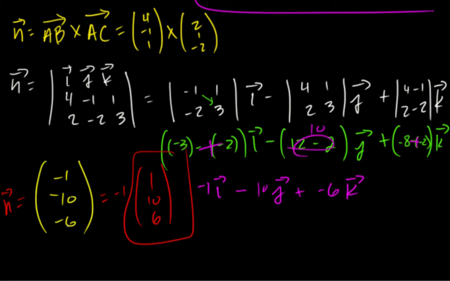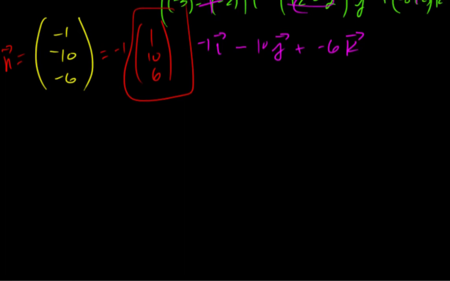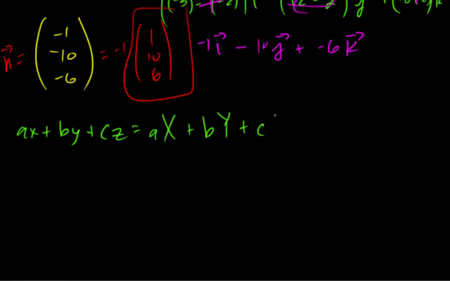Now that we have the normal, we have our n, we can use ax plus by plus cz is equal to, I forgot the letters off the top of my head, a big X plus b big Y plus c big Z is equal to d.